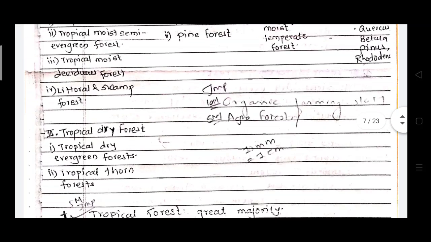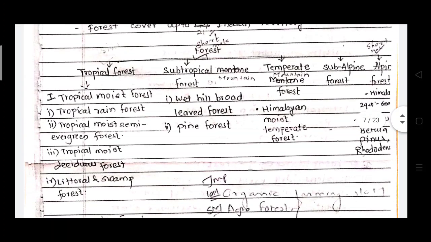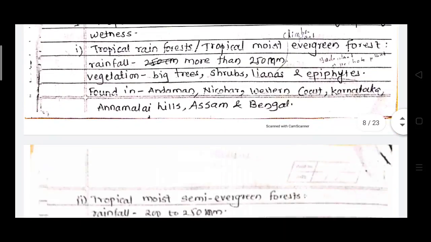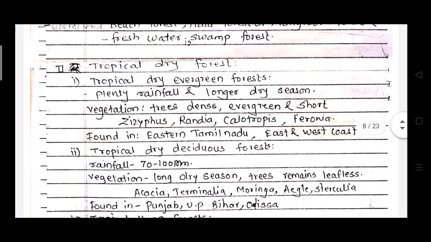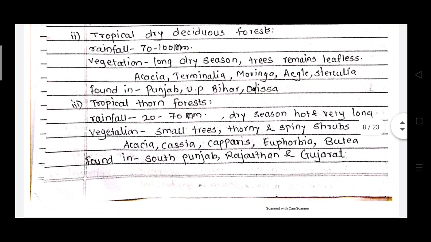So mostly the spiny and thorny plants are present in the tropical thorn forest.